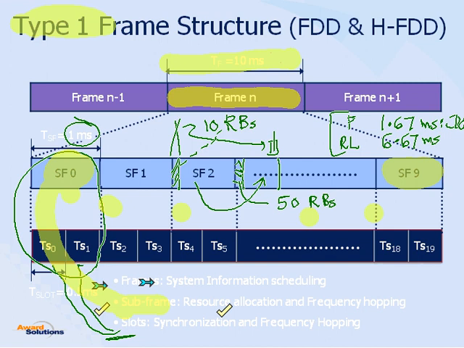So we are doing things now much faster in LTE. Every millisecond we can change uplink situation, change downlink situation. Okay, so resource allocation is done per subframe, and subframe also helps us with frequency hopping. Why do we have slots? The slots will help us with synchronization.